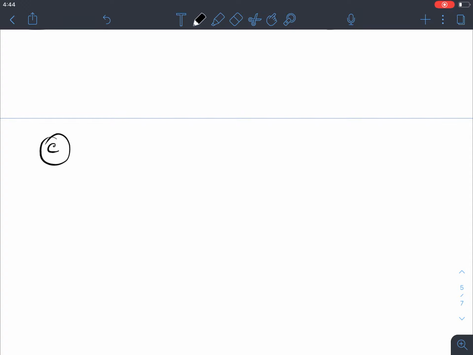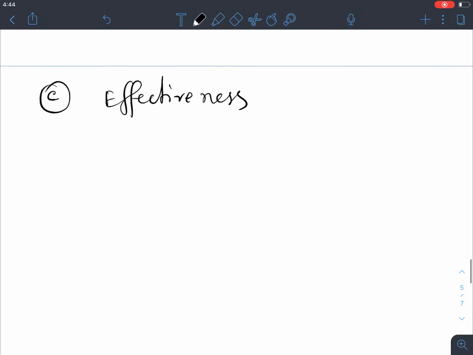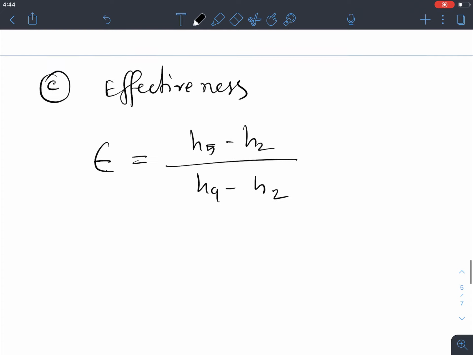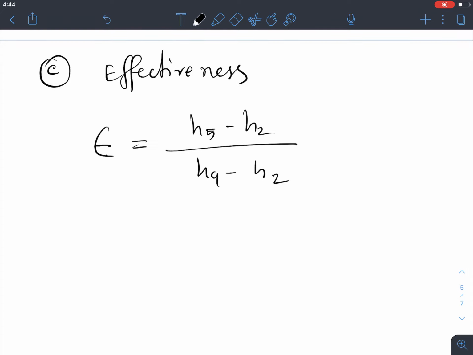So now we are going to solve part C, which is the effectiveness. The effectiveness of the regeneration equals H5 minus H2 divided by H4 minus H2.